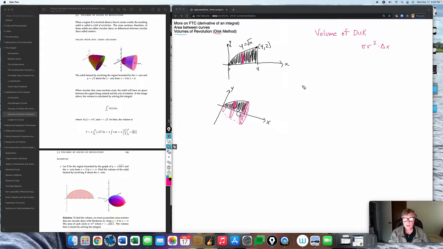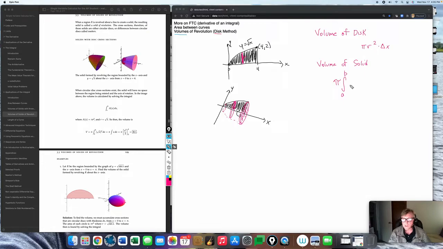Now, the exact length of the radius is going to be the difference between the function and the x-axis. So to get the volume of the solid, we want to go from A to B. In our case, it'll go from 0 to 4. I'll do that problem in a minute. Pi is a constant, so I can put that outside of the integral.